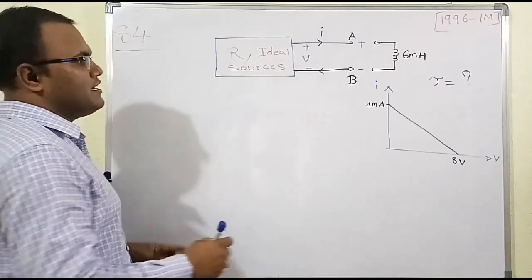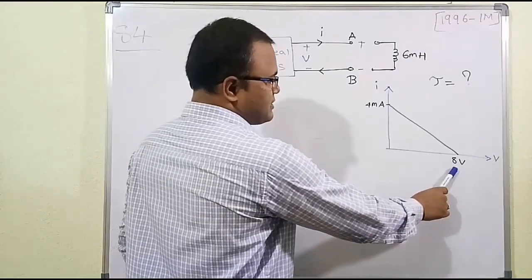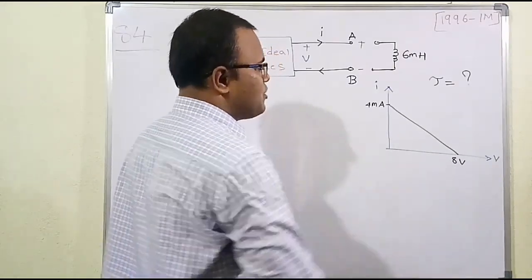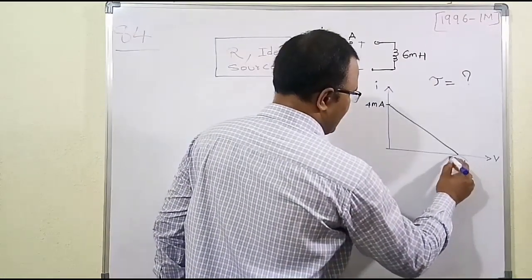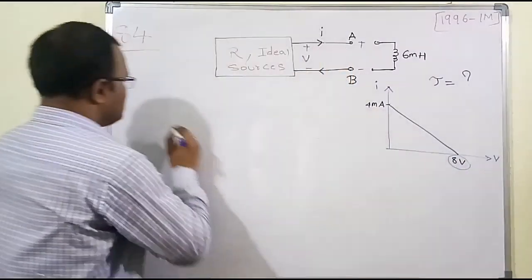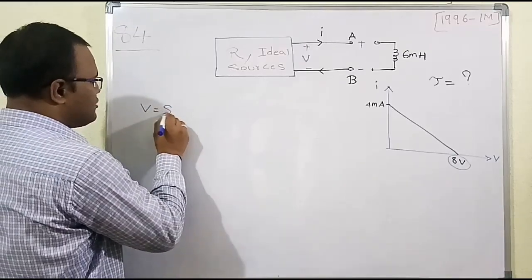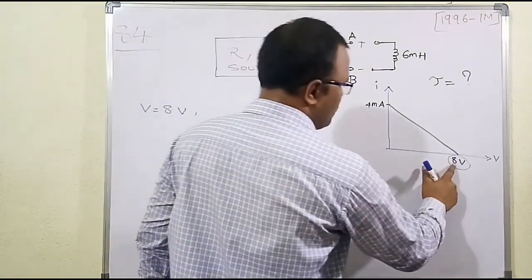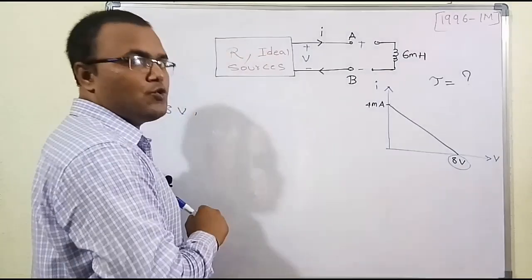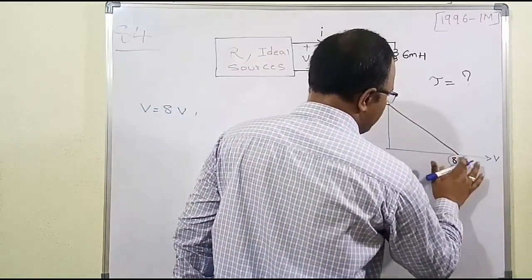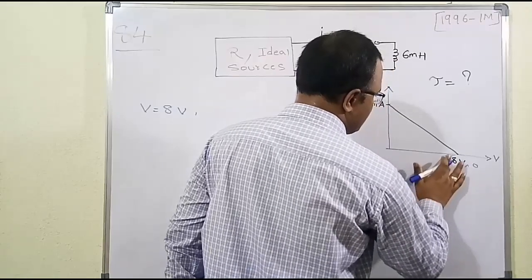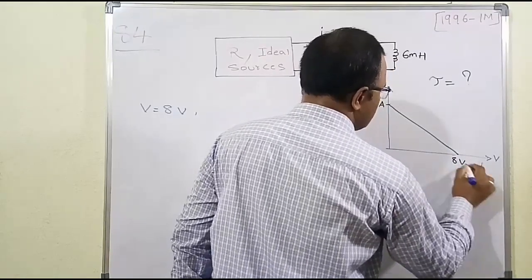If you see carefully here, the x-intercept is 8 volt and the y-intercept is 4 milliampere. It means at this point V is equal to 8 volt, and the current is 0. So the point is 8 volt comma 0, which means the voltage is 8 volt and the current is 0.